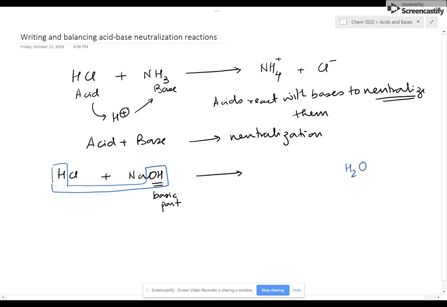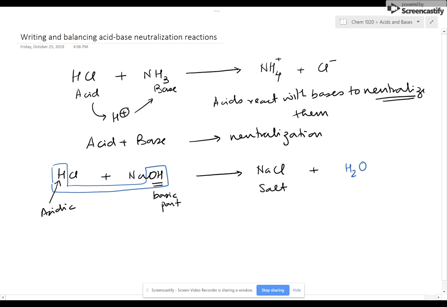And then switching back to a regular color, we just put the NaCl together. That's NaCl plus H2O. As you can see, the acidic part of the acid and the basic part of the other molecule combined to form water, which was the neutralization reaction, and then you ended up with a salt.